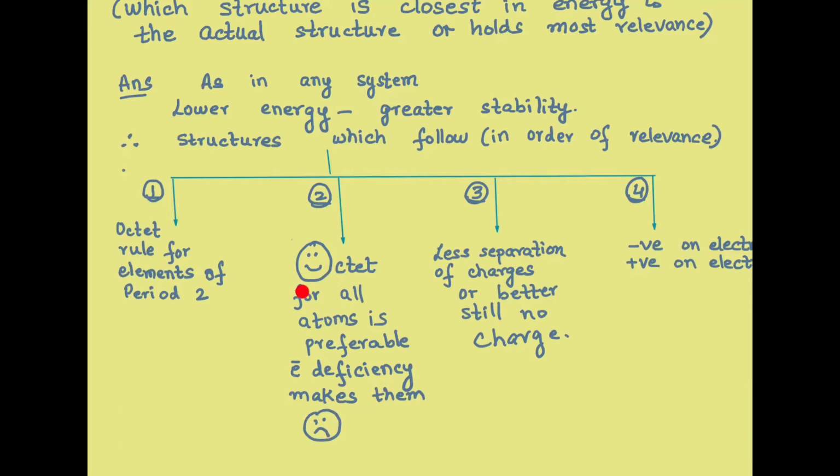So if you have to compare a structure in which the octet rule of the elements of period 2 is obeyed, yes, that's a very good structure, and that's closest to the ground state. That's got the least energy, right? Followed by a structure in which all the atoms have their octet complete. Less separation of charges, or better still, no charge at all, right?